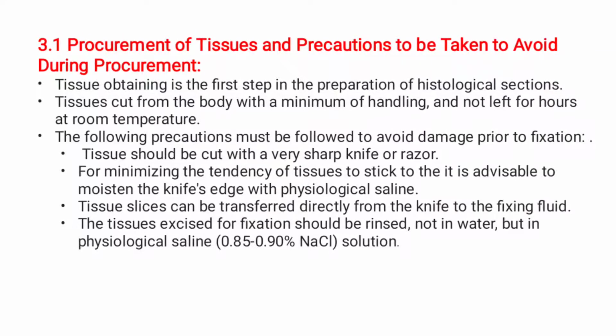What are these precautions? The first precaution is that tissue should be cut with a very sharp knife or razor. While we are cutting the tissue from the animal's body, it is essential to select a very sharp knife or razor blade for the tissue cutting process.